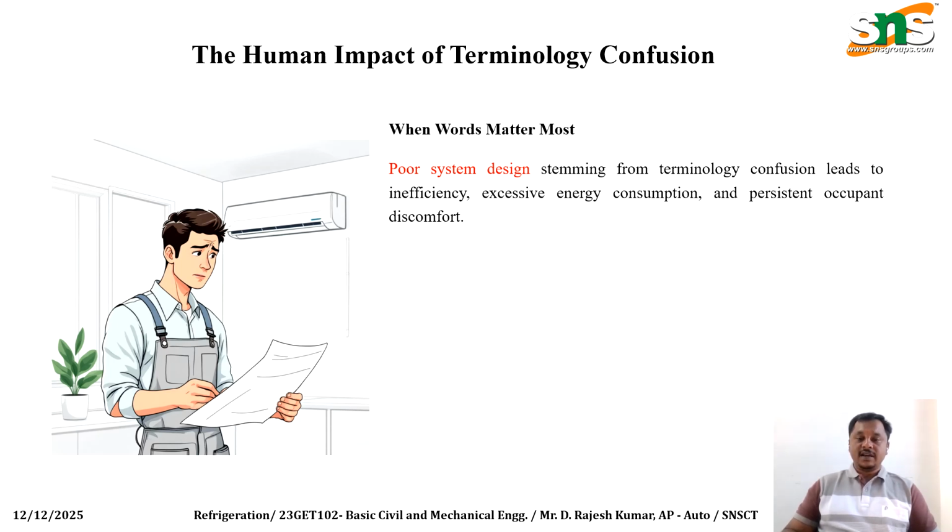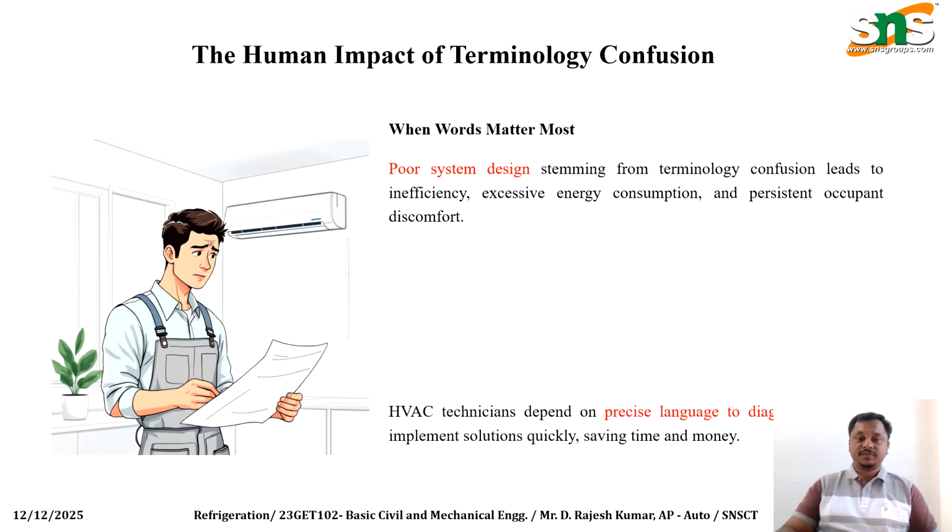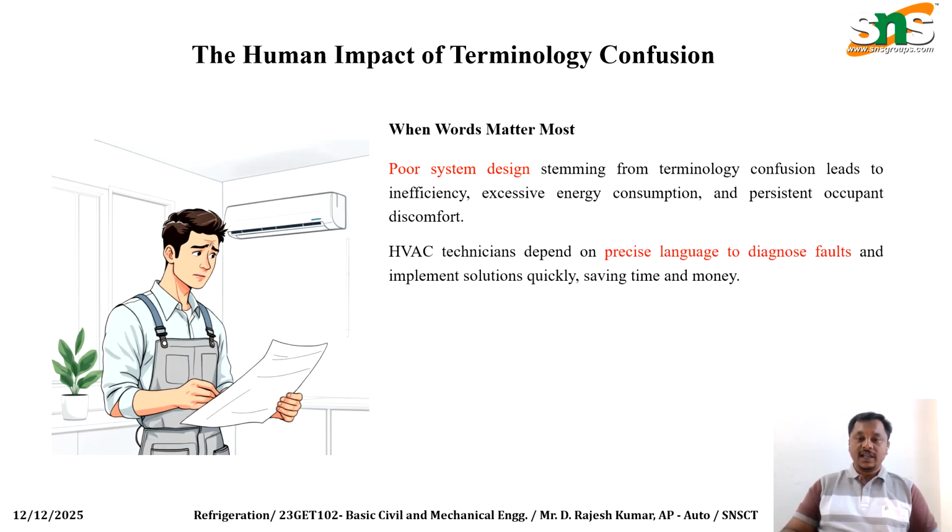So nowadays the refrigerators and air conditioners are provided with star ratings, energy star ratings. You can see in the product that 3-star rating, 5-star rating, etc. So this is the main thing. So the design of the system should be efficient in such a way that it meets the minimum energy consumption.